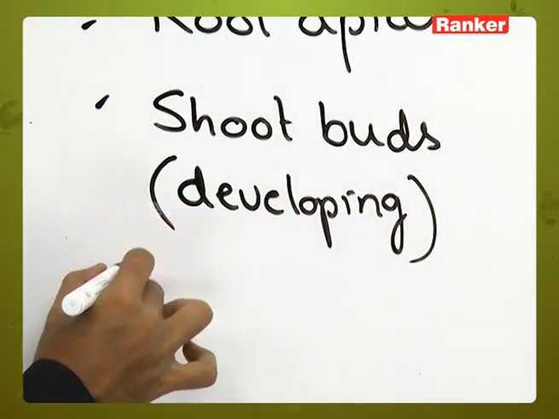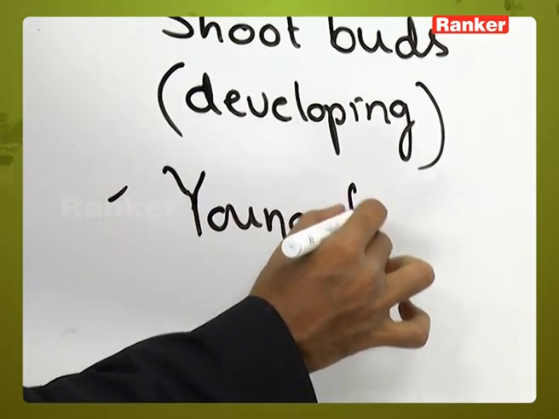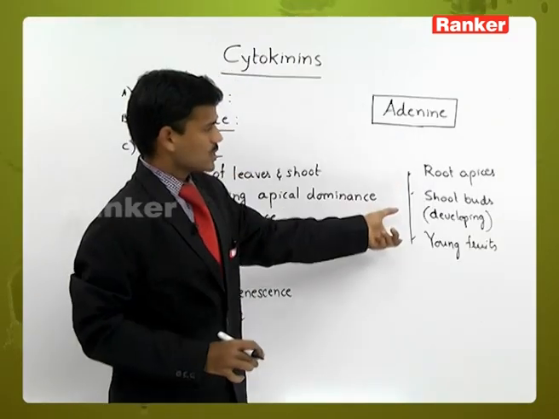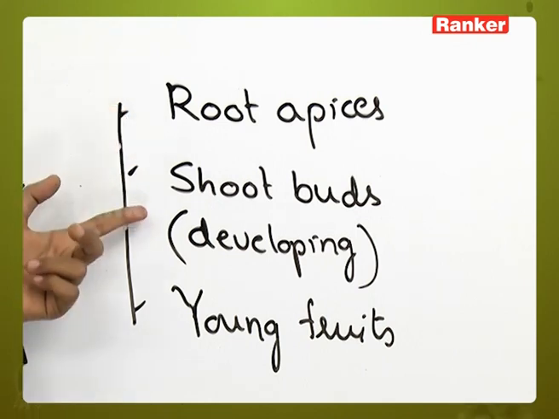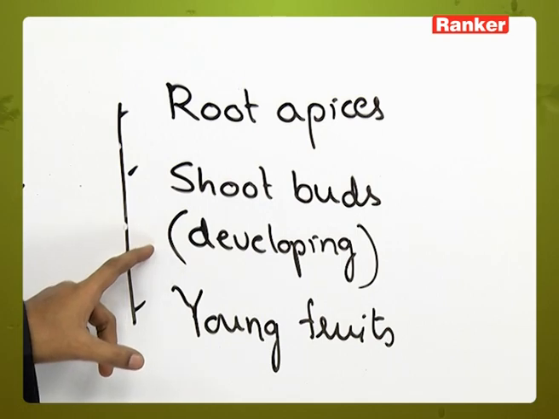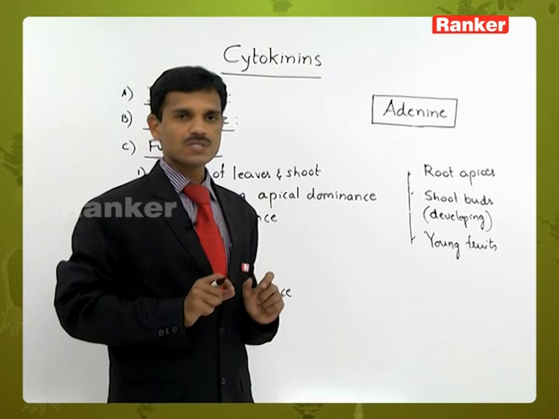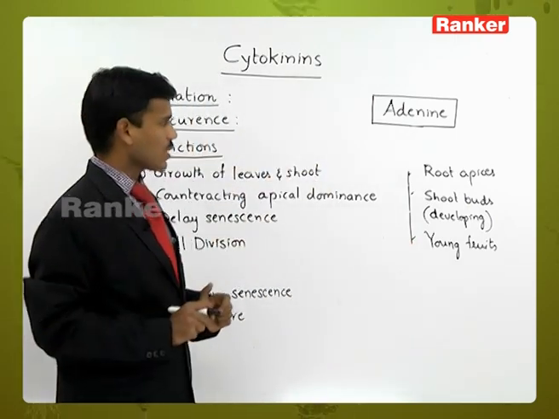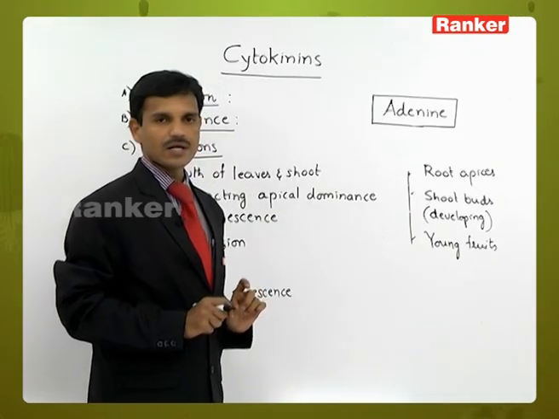These can be apical buds, lateral buds or axillary buds. Young, small, unripened fruits also produce the cytokinin hormone.